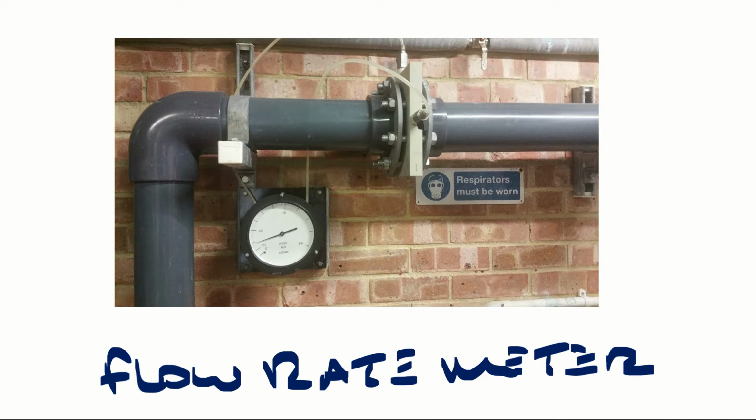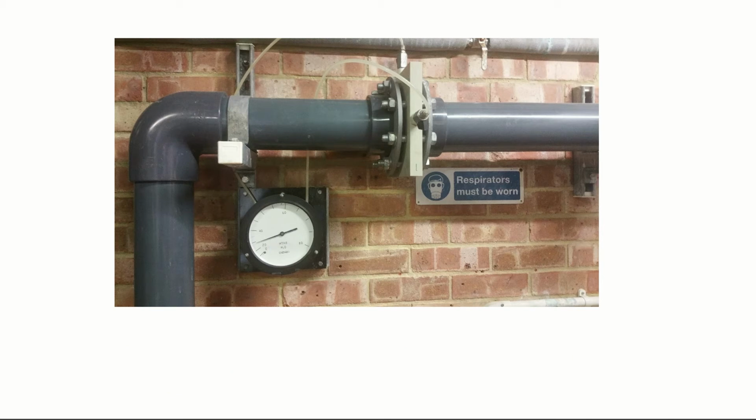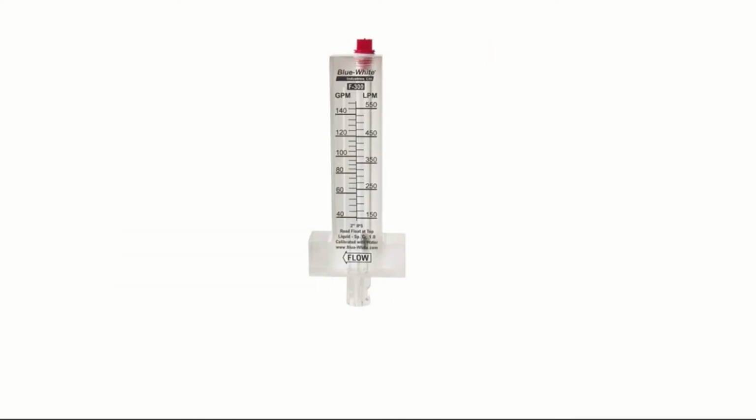It might be a bit small to see, but that's basically reading out what the flow rate is. This is the actual flow rate meter itself, and then you're getting the information there. In smaller pools, it might look more like that. So that's mounted on pipe work.